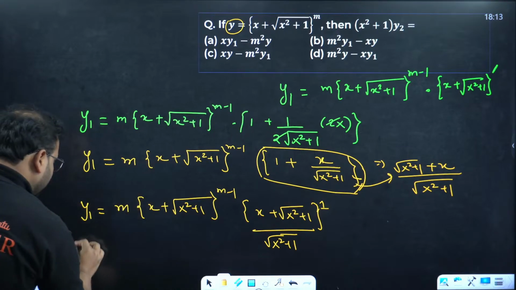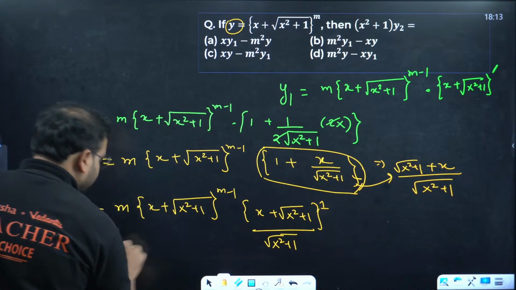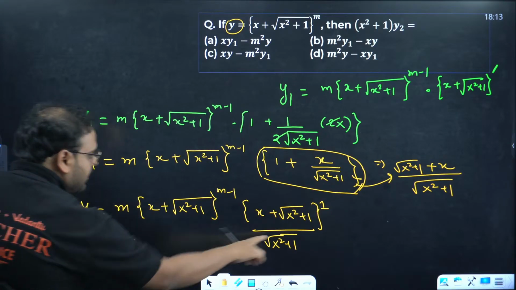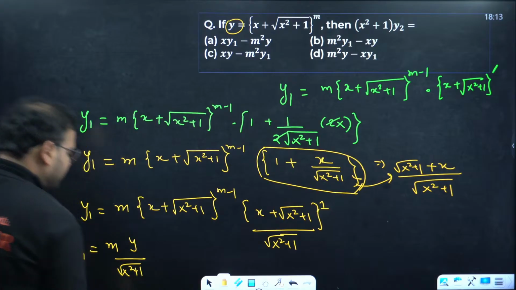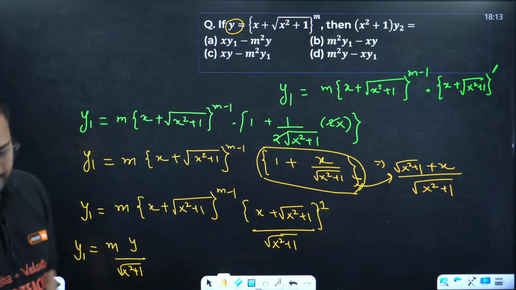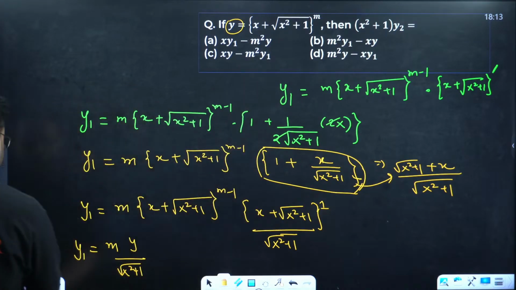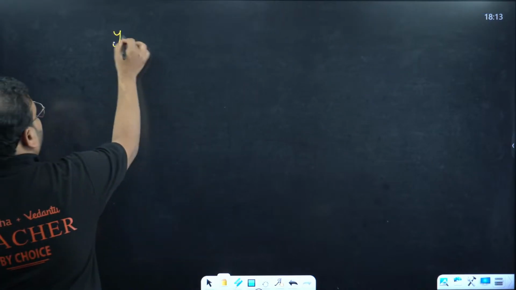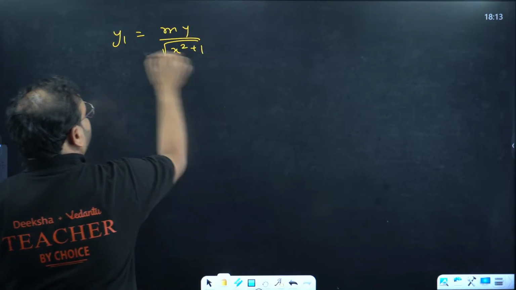Okay. So you're going to have the value as y1 equals to m times of, check here, y upon this value, root of x square plus 1. Is this clear? This into this becomes y back. So you're getting y1 equals to my upon root of x square plus 1. Cross multiply.